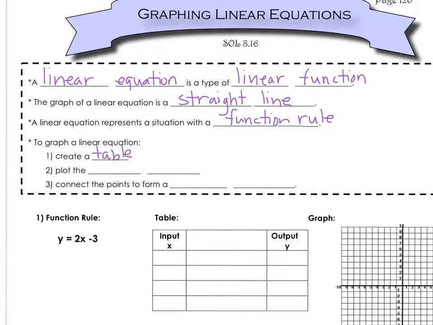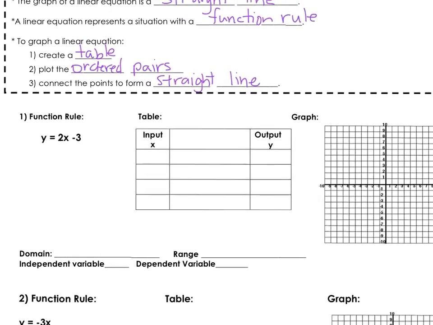The next thing you're going to do is plot the ordered pairs from the table. And then the third thing you'll do is you'll connect the points to form a straight line. So let's start practicing a few of these.